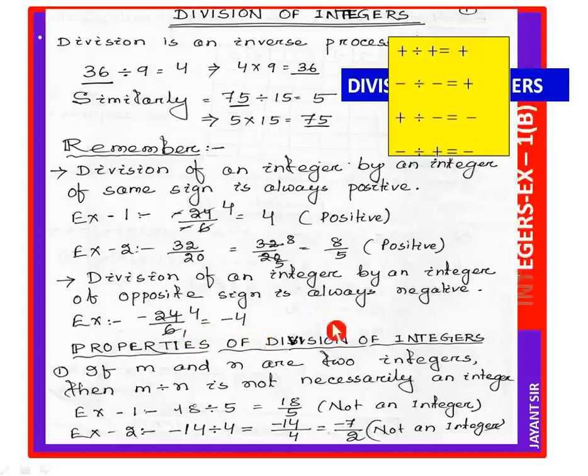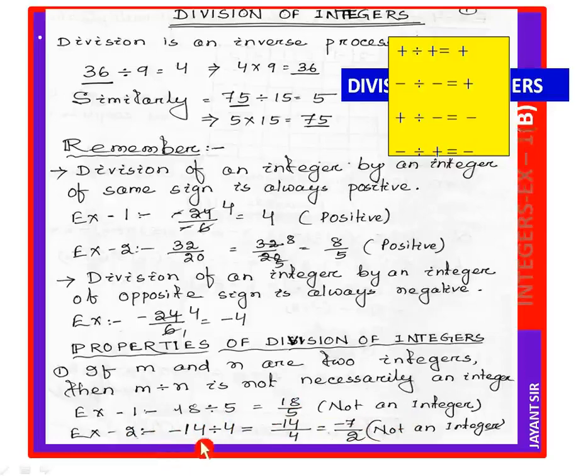Now come to the properties of division of integers. If m and n are two integers, then m divided by n is not necessarily an integer. Example, 18 divided by 5 equal to 18 by 5. It is not an integer.